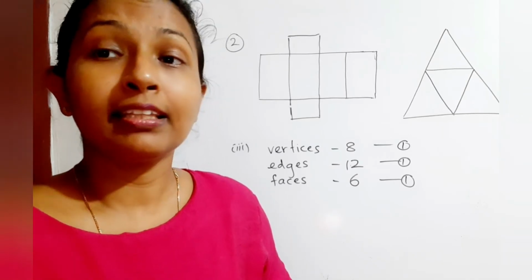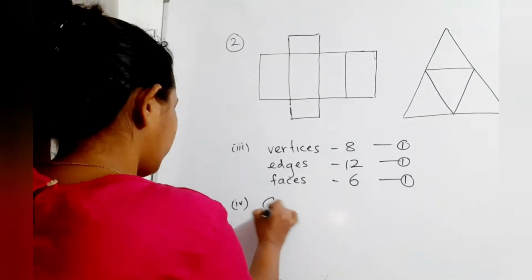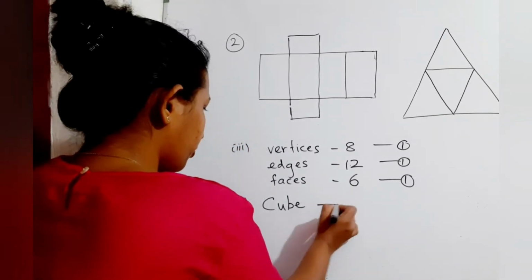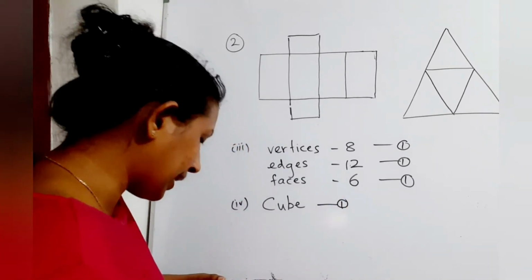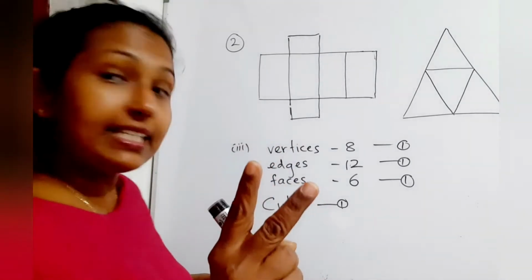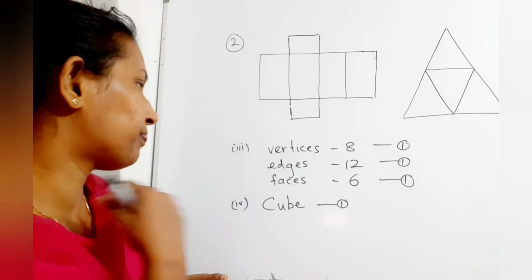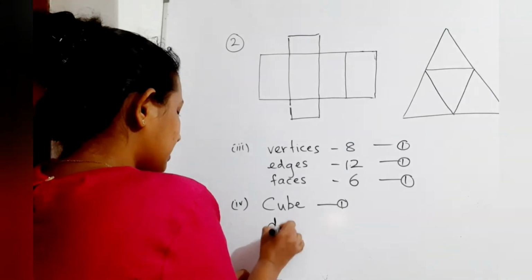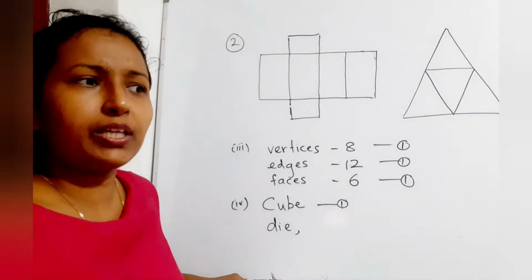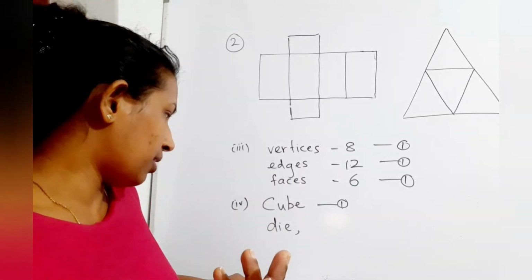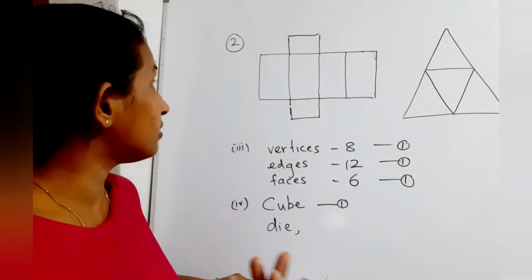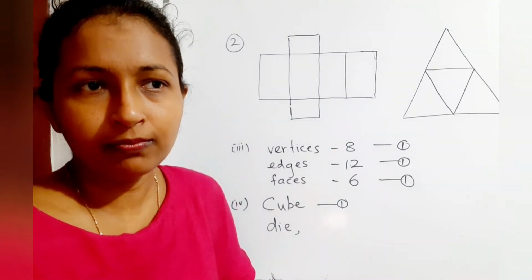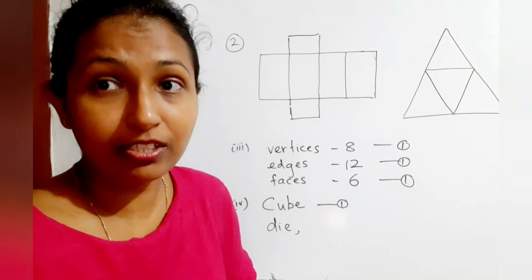It is the cube. 1 mark for this one. Then you have to write 2 examples of that solid which can be seen in the environment. You can write die. And what else can you say about cube shaped objects? Yes, Rubik's cube can also be written.